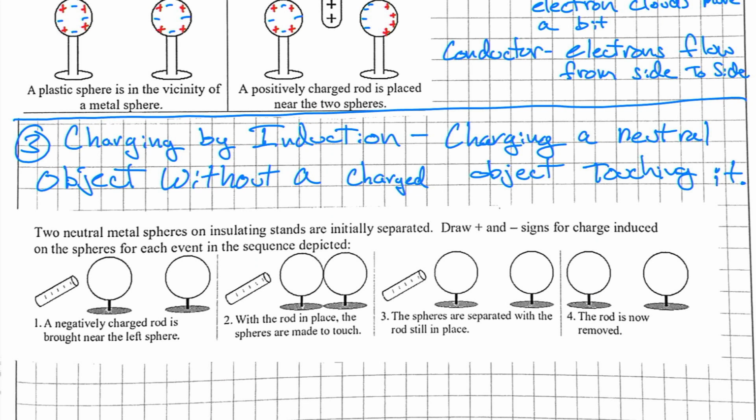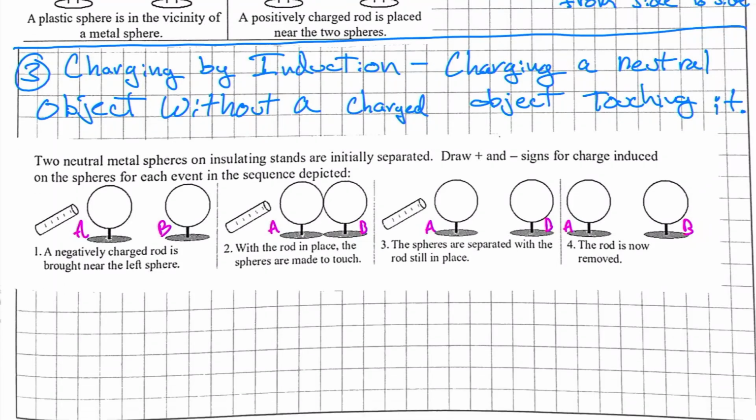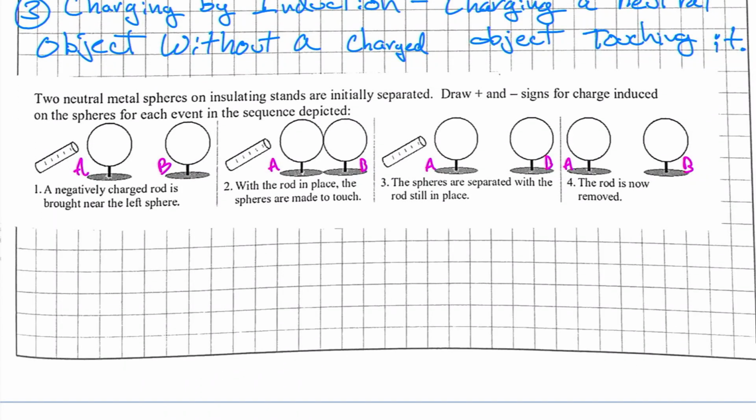On this page here, I'm going to label the sphere on the left A and the sphere on the right B. And I'm again going to show some positives and negatives here. In part one here, sphere A is polarized and neutral.